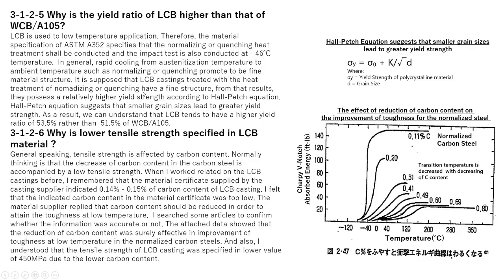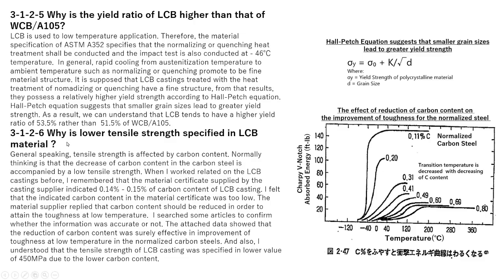LCB casting received normalizing or quenching heat treatment, so the structure is smaller than WCB A105. Since the strength is relatively high, the ratio is also a higher value than WCB and A105.